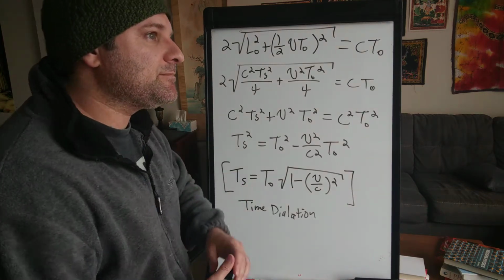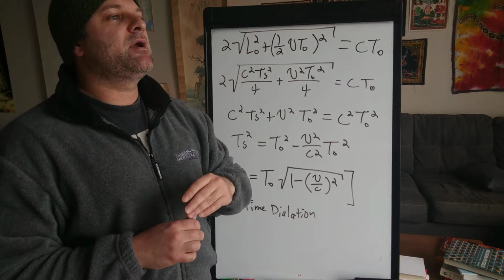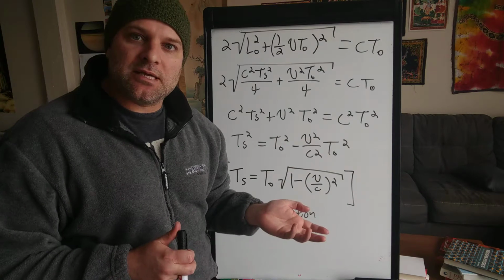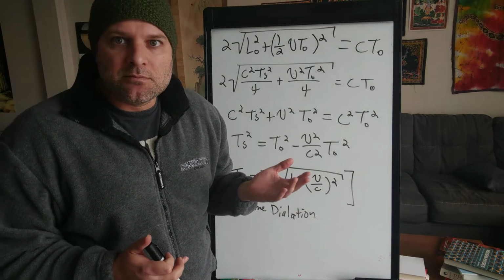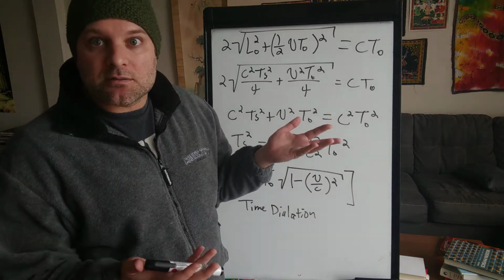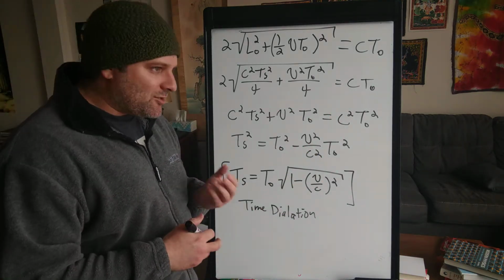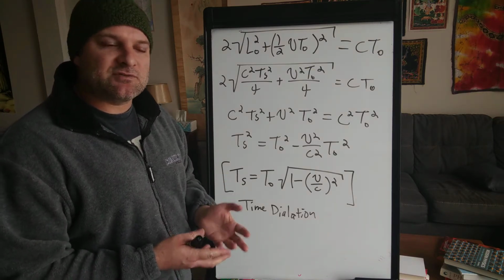Okay, so that means that the observer in motion, I see their clock ticking more slowly than my own clock. That might not seem weird at first until you think about it for a little bit. This is a clock that's defined on a natural process, the propagation of light.